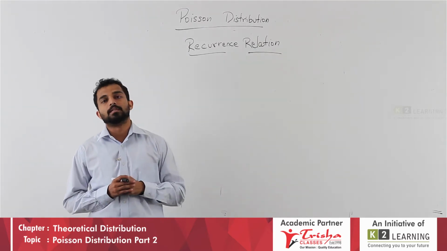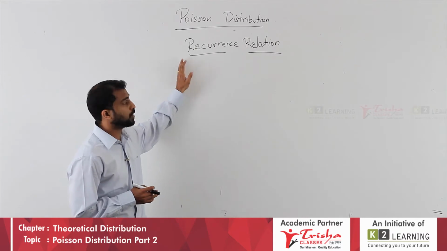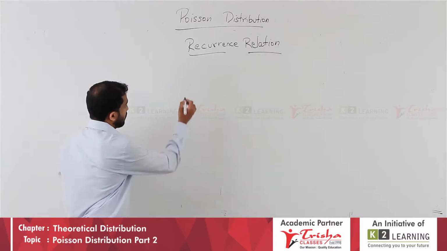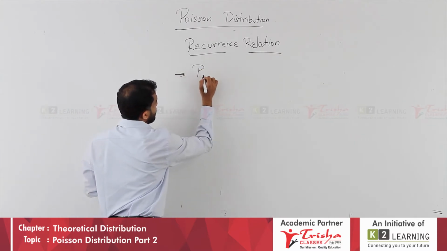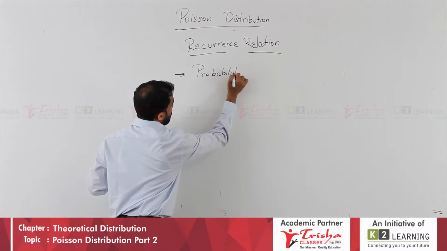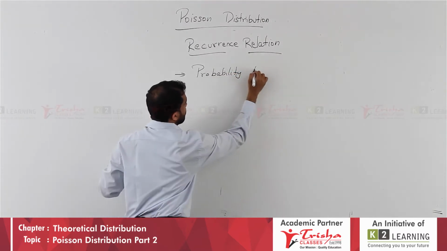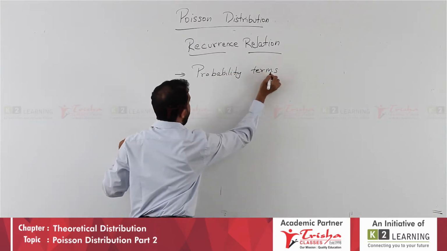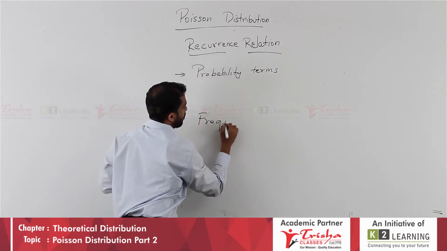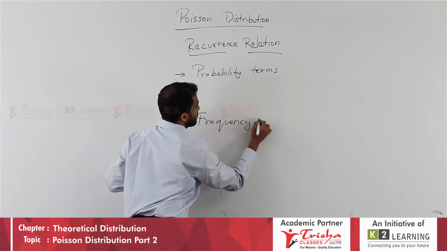Same as binomial distribution, even Poisson distribution has recurrence relation both for successive probability terms as well as successive frequency terms.